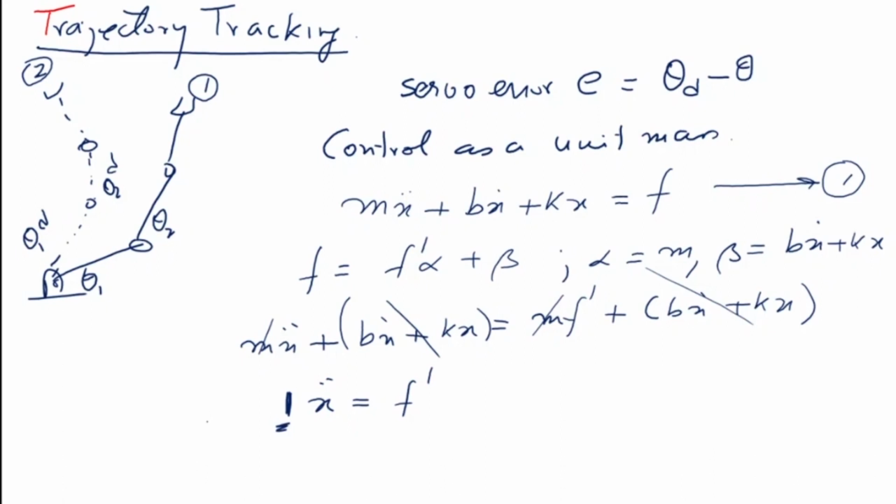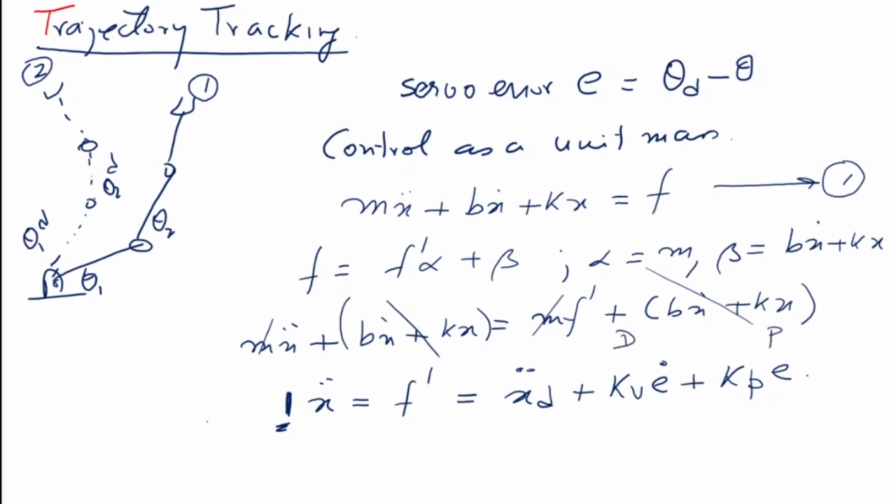So we try to control this unit mass system by proposing a controller. What is the controller I'm going to propose now? The controller is x double dot d plus kv into e dot plus kp into e. This is my derivative part, and this is my proportional part.